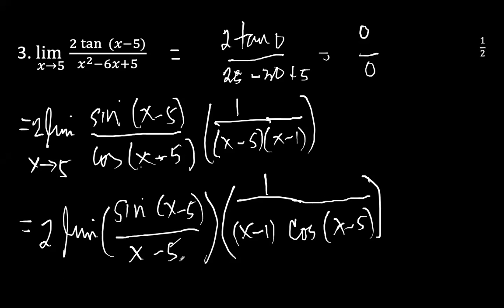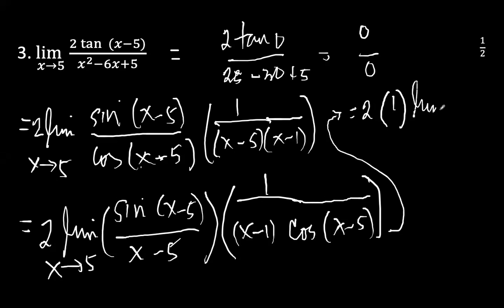So let's write our next part of the solution here. So this becomes 2. We can take the limit of this, as x approaches 5. We can take the limit of the first factor, which is equal to 1, times the limit of 1 over x minus 1 cosine x minus 5.